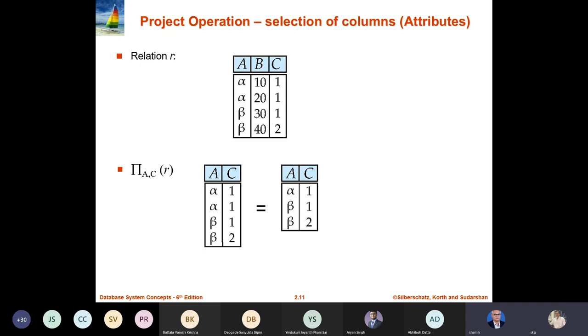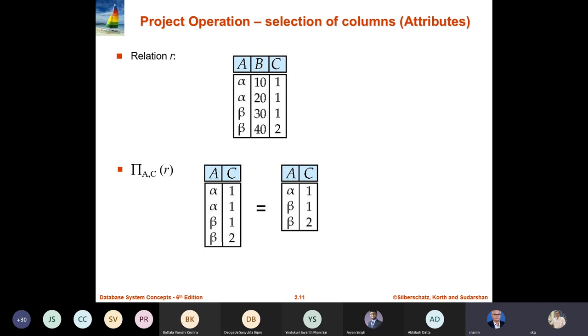As alpha 1 and alpha 2 are repeated, we end up with only one instance of it. So once we project, whether on a single relation or after doing some joining, I end up with a subset of the columns, that is, only this attribute set out of the original attribute set.